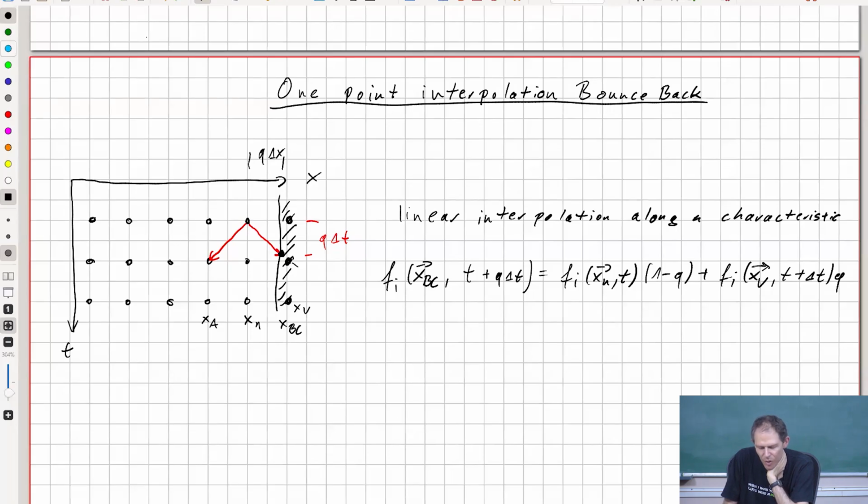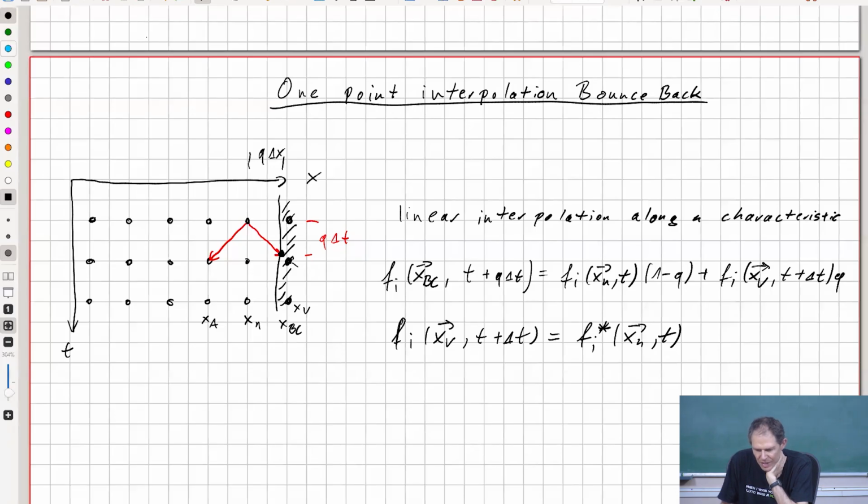So what is the pre-collision state here? This is the post-collision state there, right? So Fi xv t plus delta t is equal to the post-collision at xn at time t, right?